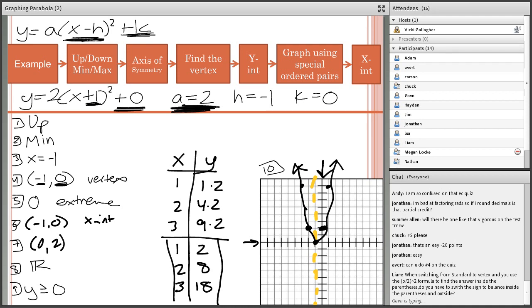Okay. Since we're on the quiz, let's take a look at number 4 from the quiz because I saw that you guys wanted that as well.